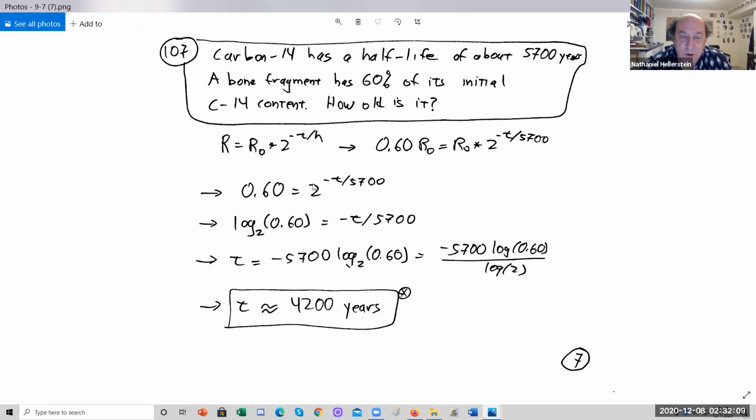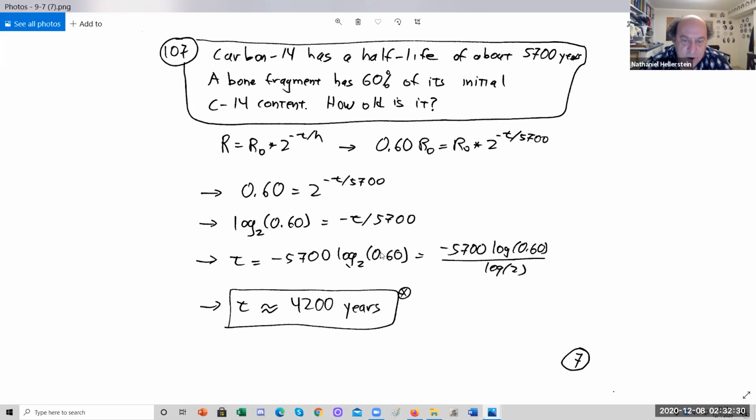Take log base 2 of both sides. Left side is log base 2 of 0.60. Right side, the 2 cancels and we're just left with negative T over 5,700. Multiply both sides by negative 5,700. It gives you T on one side, and the other side is negative 5,700 log base 2 of 0.60.